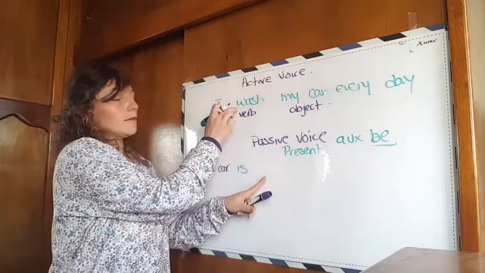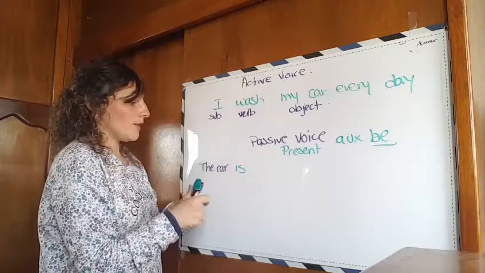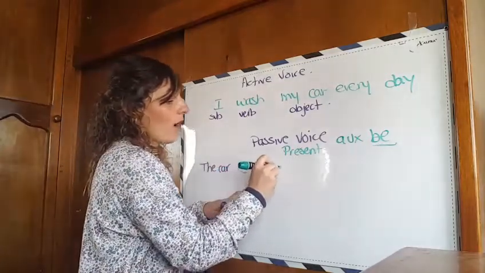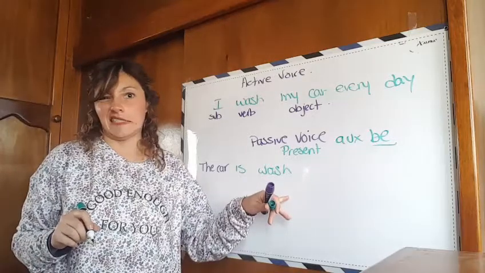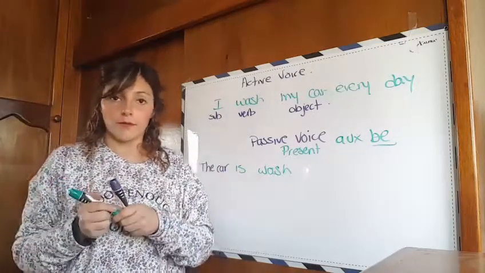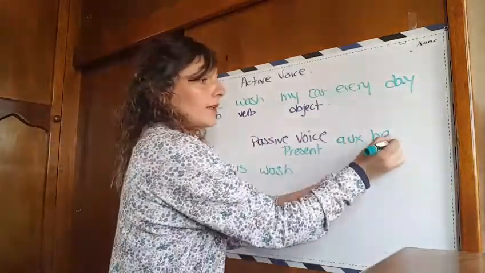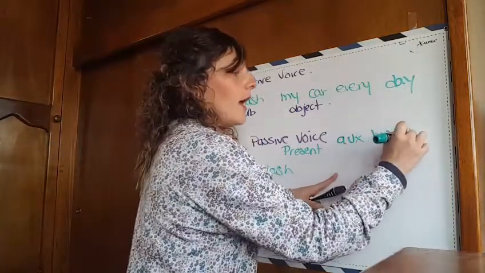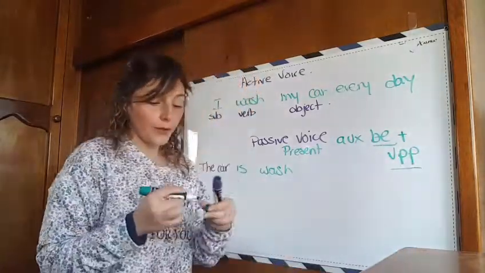In this case, my verb is wash, right? So for example, if I say the car is wash, el carro es lavar. That is not logical, right? And that's why in the passive voice, apart from the auxiliary to be, I have to use my verb in the past participle form.